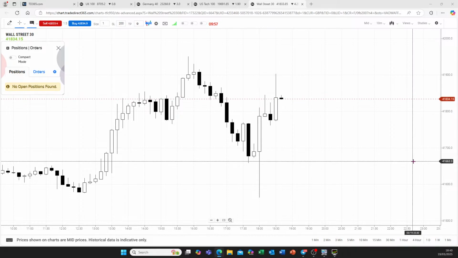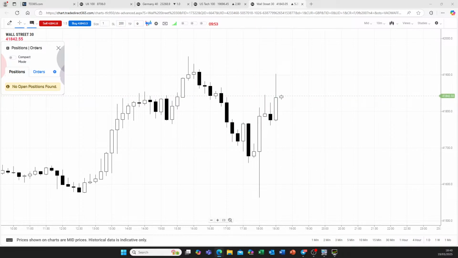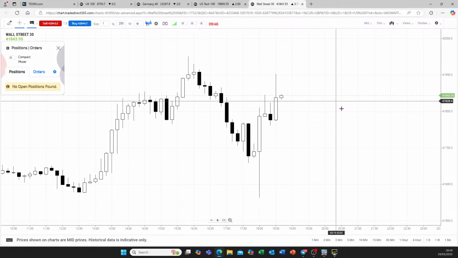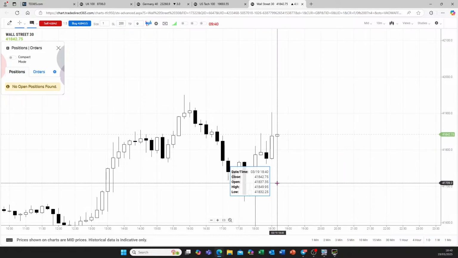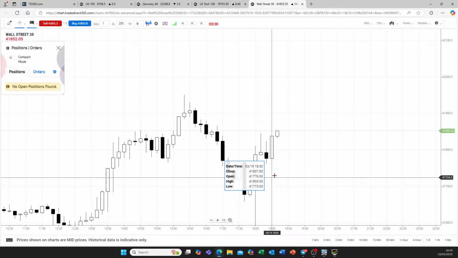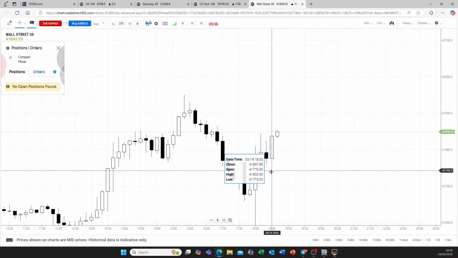So it'll be interesting to see what will happen now, because we closed in the middle of the candle. So not overly convincing. The stop loss is probably going to be at the other end.